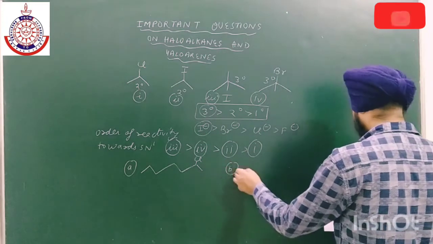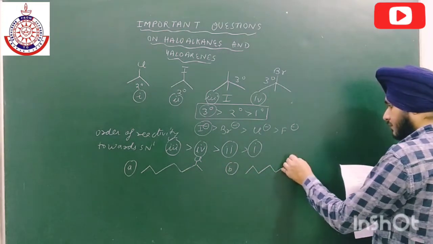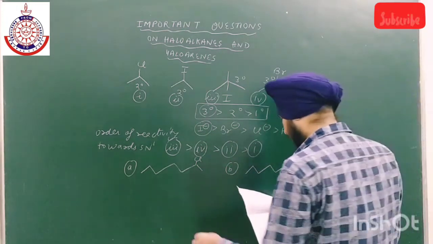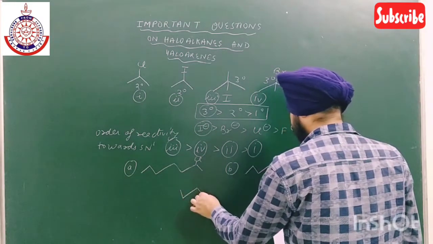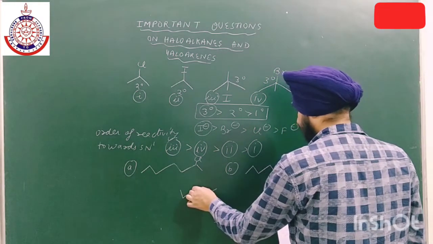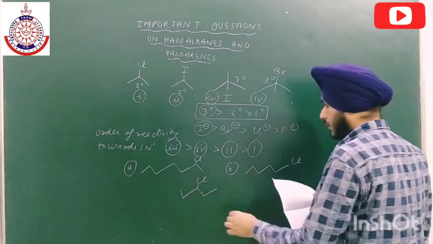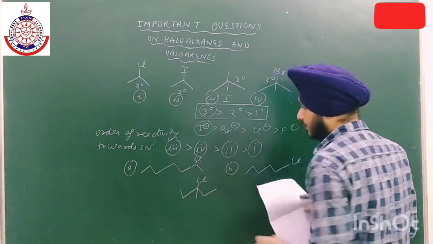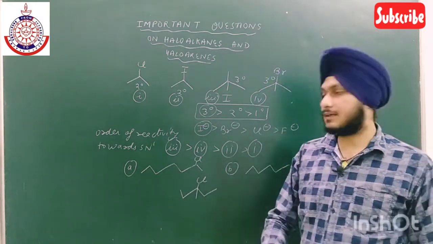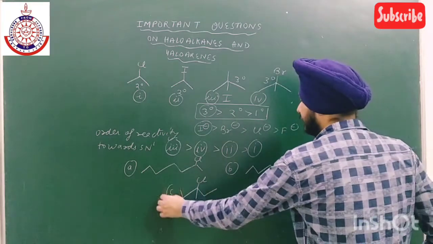The first is this, the second is this compound, and the third one is this compound. So you have to arrange these compounds in order of reactivity.